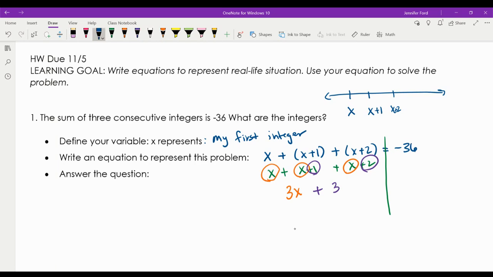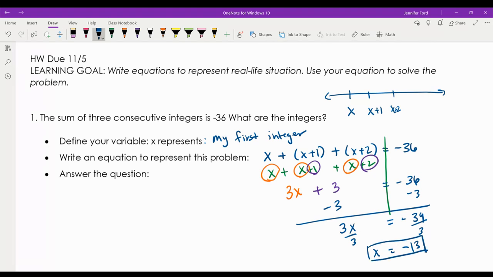And that equals negative 36. All right, I'm going to subtract 3 from both sides. So 3x equals, what is that, negative 39. Divide both sides by 3. I get x is negative 13.